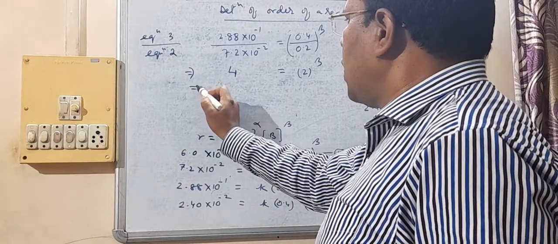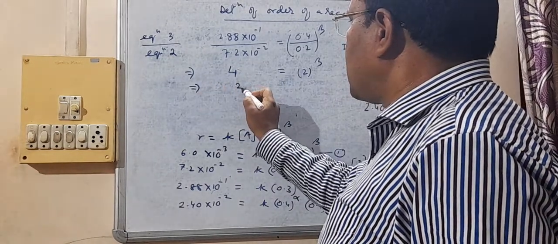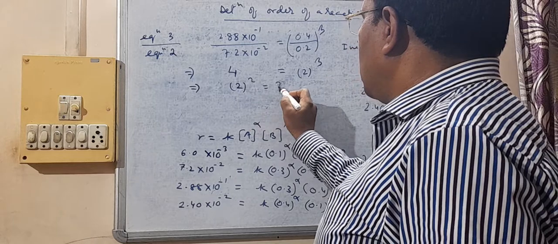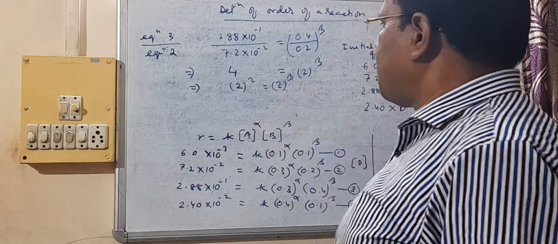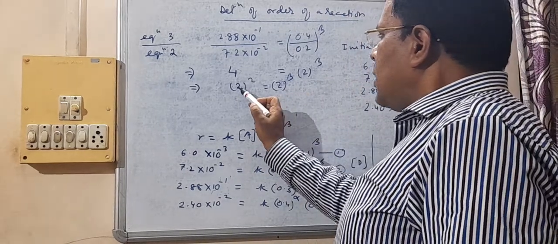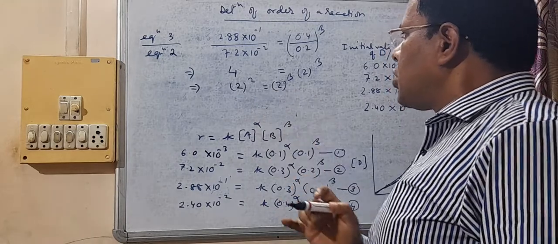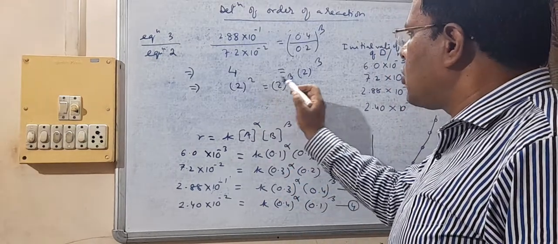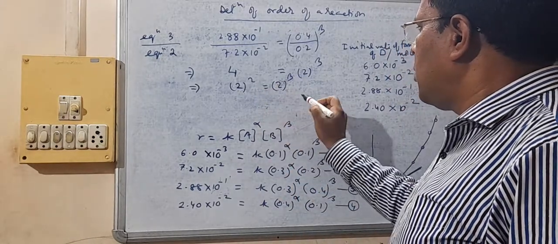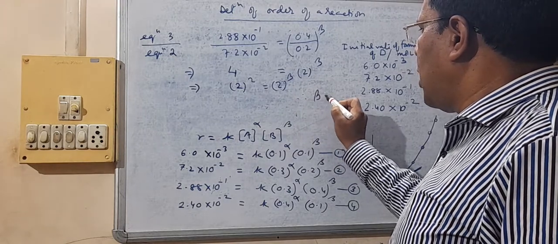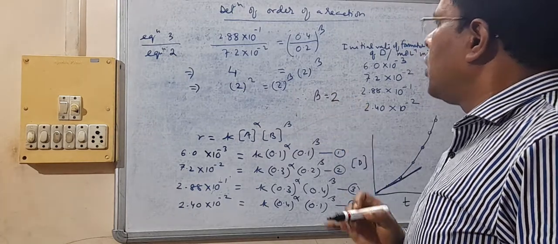We can write this 4 as 2 square, 2 to the power beta. Since the base is 2 on both sides, the powers must be the same, therefore beta equal to 2.